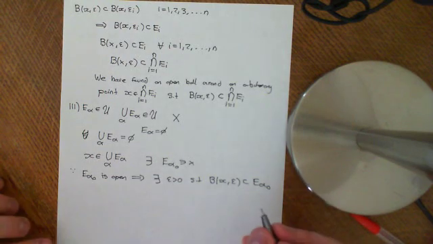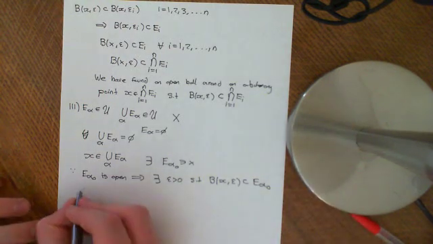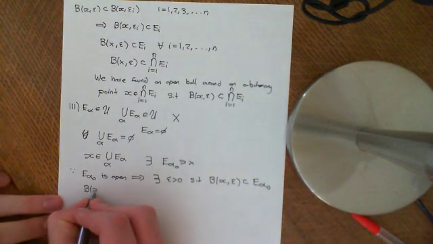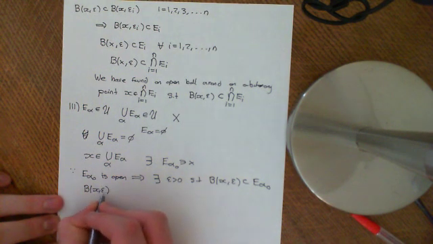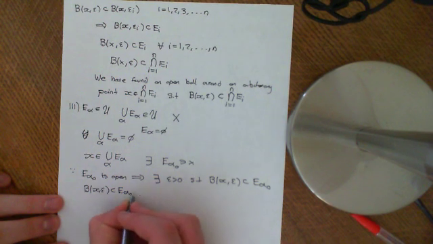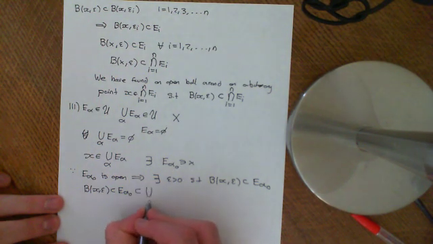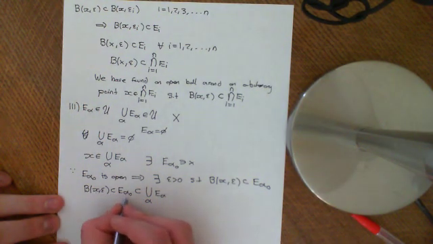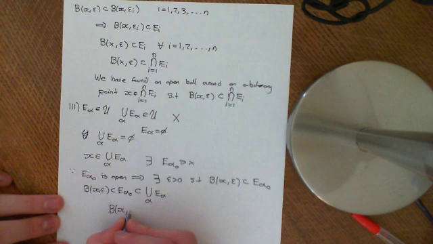Okay, so find that, and now what we know is that this ball at x of size epsilon is contained within E alpha 0. Well, E alpha 0 is contained within the union over alpha of E alpha. If this is contained within this, it's certainly contained within this because of the transitive property of containment.